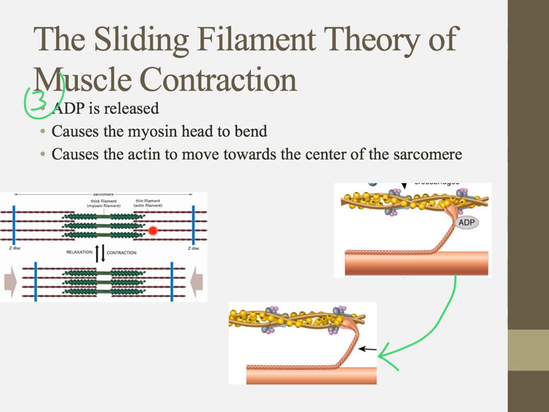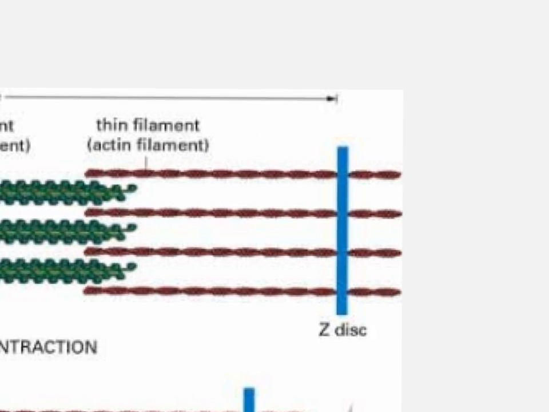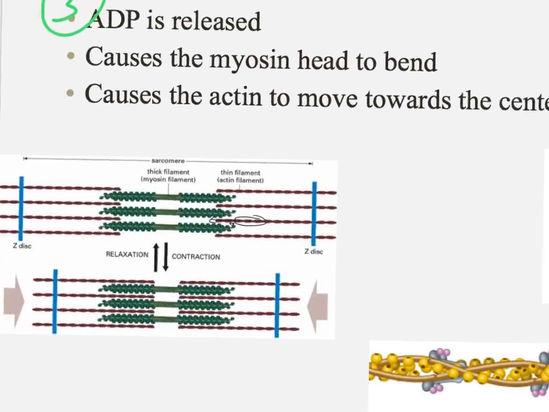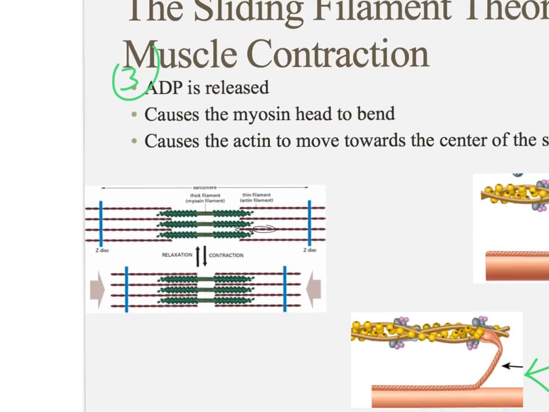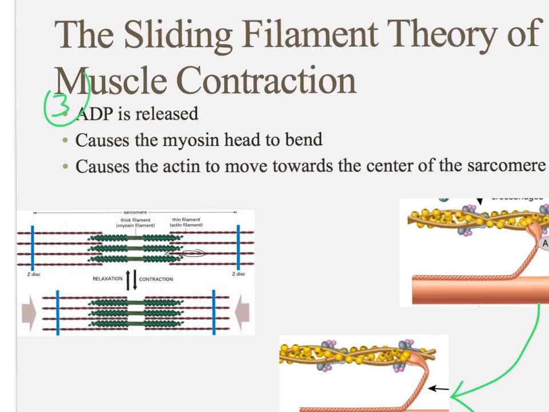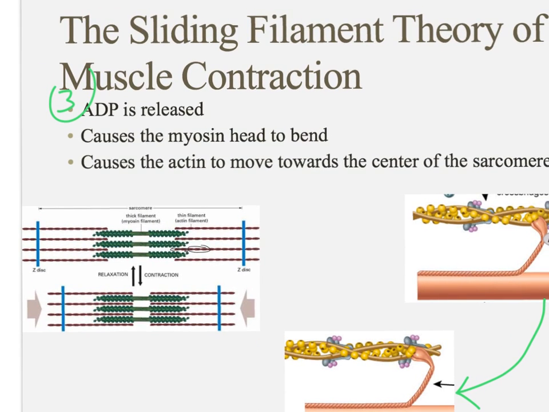And if this is bending towards the center, it's going to pull the actin towards the center. So on this little myosin head here, if this myosin head bends this way, it's going to cause this whole actin molecule to slide this way. And that's how we get this sliding of the actin molecule all together towards the center. Okay, so it causes the actin to move towards the center of the sarcomere.